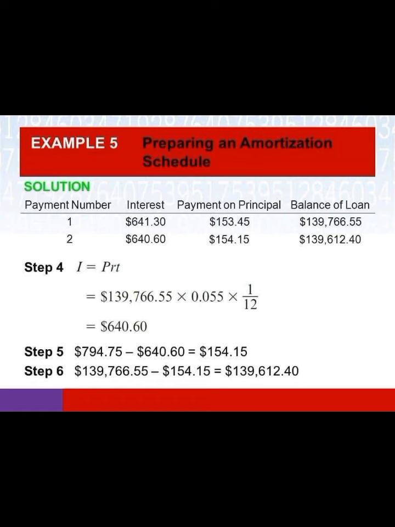Step 6, $139,766.55 minus $154.15 equals, our balance of loan of the second month is $139,612.40.